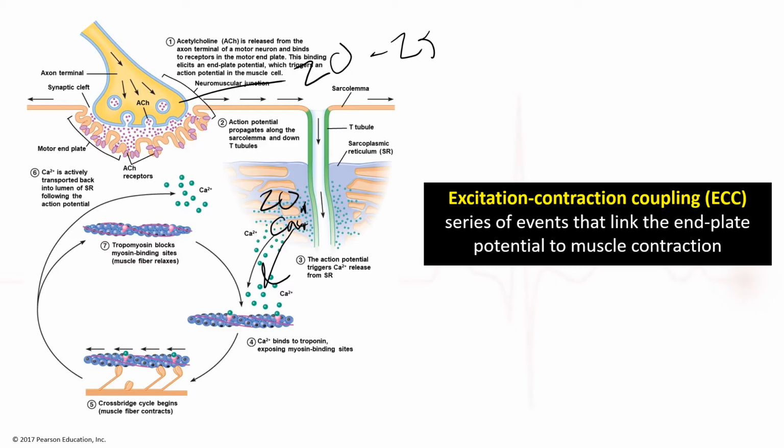That doesn't mean the SR stops reuptaking calcium, because it absolutely continues to reuptake calcium. But the point is, the frequency by which calcium is being released from the SR is so frequent that the rate of calcium reuptake by the SR basically becomes obsolete.